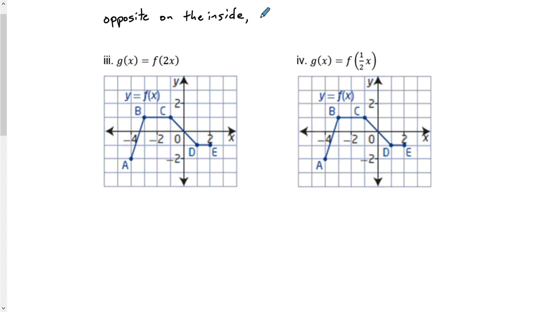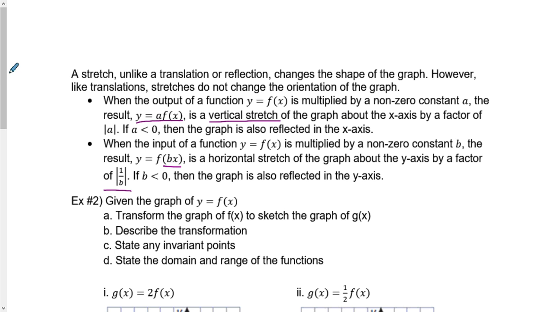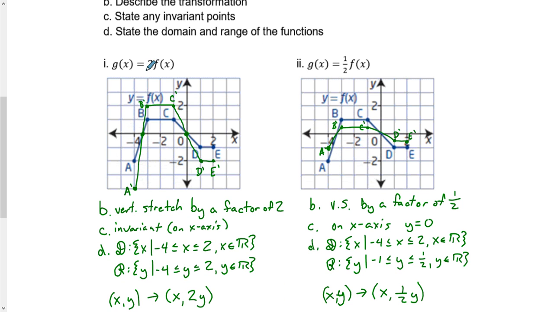Ops on the inside, same on the outside. Notice how these 2's and 1/2's are on the outside of this f of x. But it does exactly what it tells you. It's the same on the outside. So that 2 means that we're going to take 2 and multiply it by y, because f of x is y. 1/2 times f of x is 1/2 y.